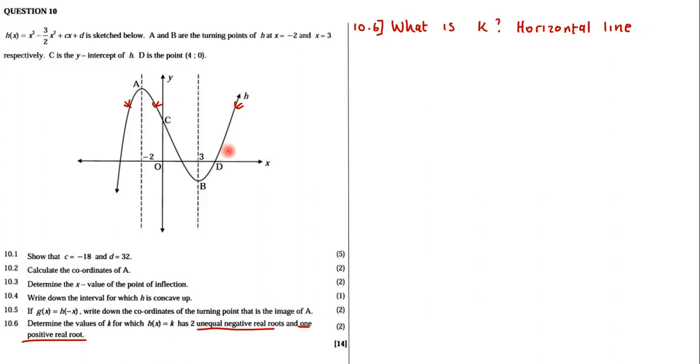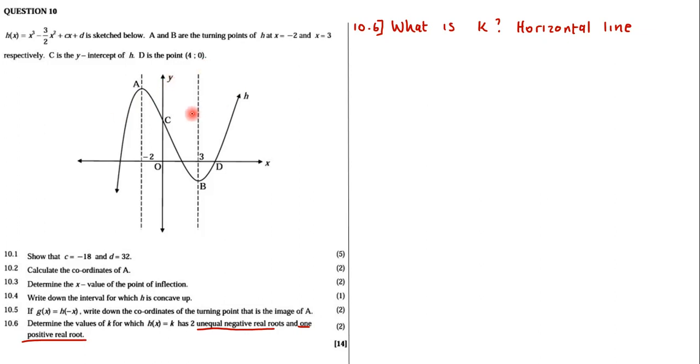So we're trying to look for an interval of this horizontal line where when it intersects the graph of h, it will cut it into three areas. Two of them will have negative x values and one of them will have a positive x value.